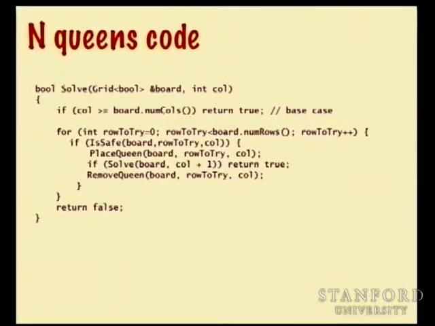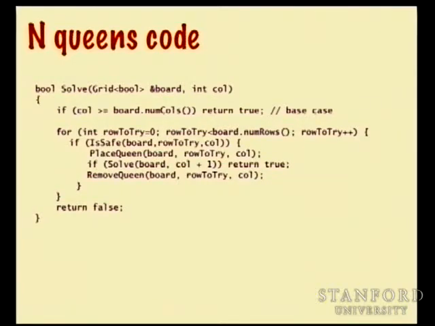Given a current placement of queens, the row you're trying and the column you're at, deciding that there's no existing conflict on the board with the queen being threatened by an existing queen just involves traipsing across the grid and looking at different things. But putting it in its own helper function makes this code much easier to read. Similarly, placing the queen on the board and removing the queen from the board involve updating state and drawing some things on the graphical display. Put all that code somewhere else so you don't have to look at it, and then this algorithm can be very easy to read.